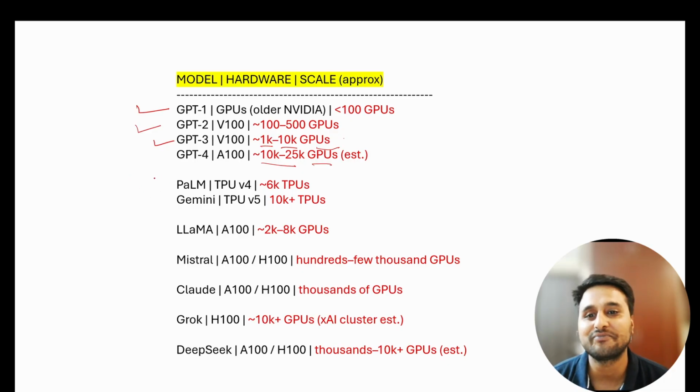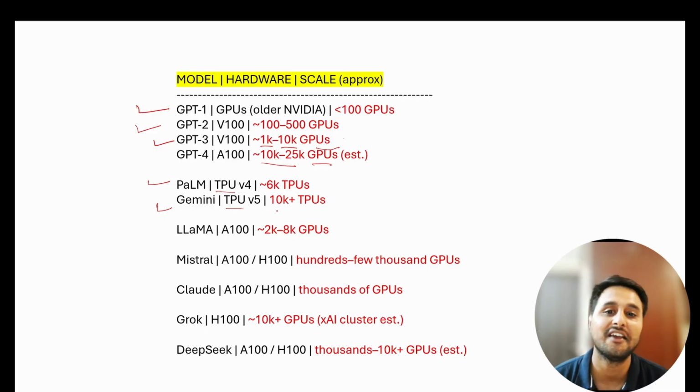Google also used multiple TPUs. A TPU is basically another form of GPU. TPU is a tensor processing unit, specifically made to process tensors. Tensors mean matrices and mathematical operations, but it is not that TPUs are better than GPUs. It is nothing like that. TPUs are made by Google, so they use TPUs to train their models.